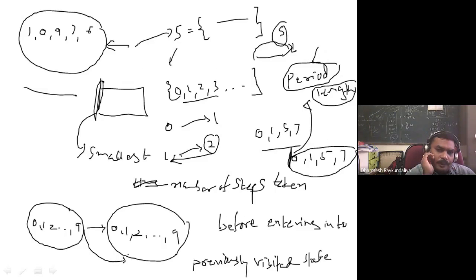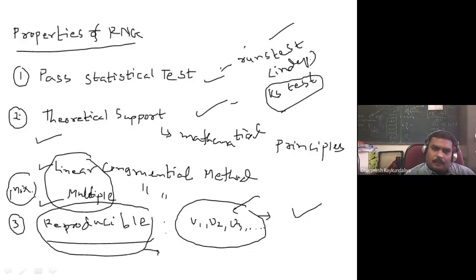When you wish to generate random numbers, how will you identify which random number generator is good or bad? A good random number generator satisfies certain properties. What are those properties? It should pass some statistical tests. It has some theoretical support.